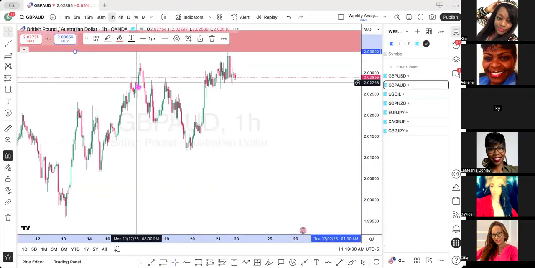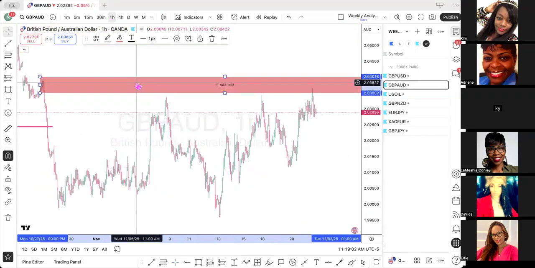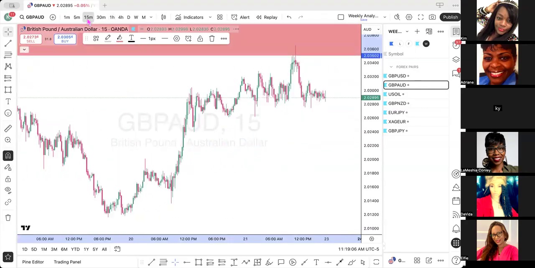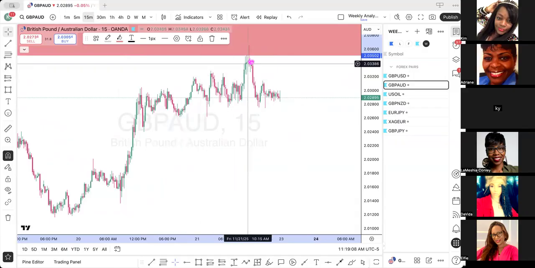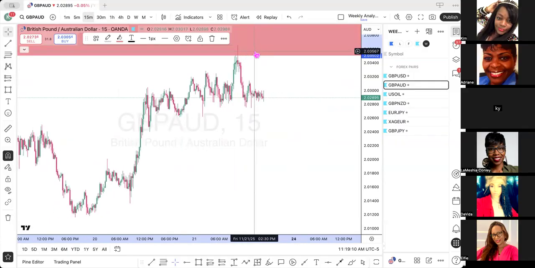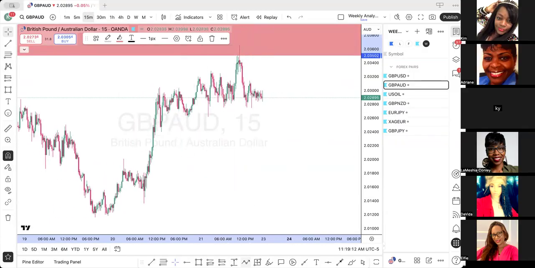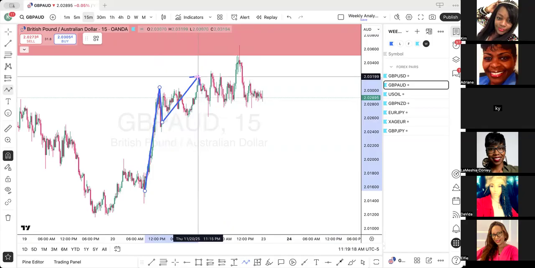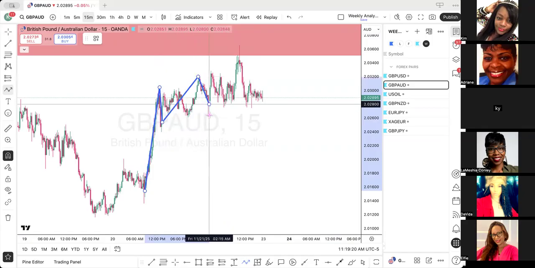So if I go down in time frame and I look for the structure that tapped into this zone, I can see that this pushed up, this pulled back, this pushed up, this pulled back, this pushed up.